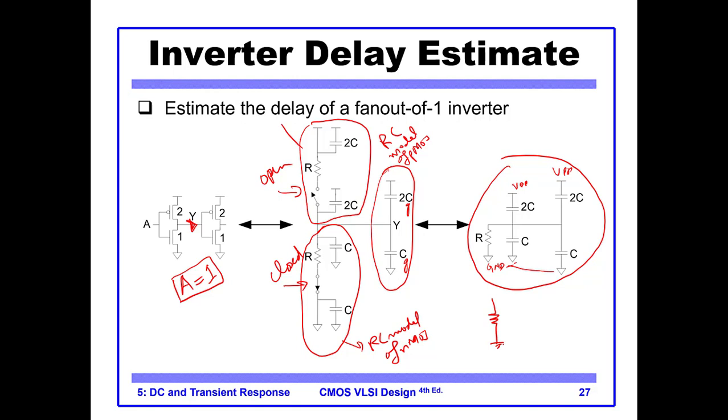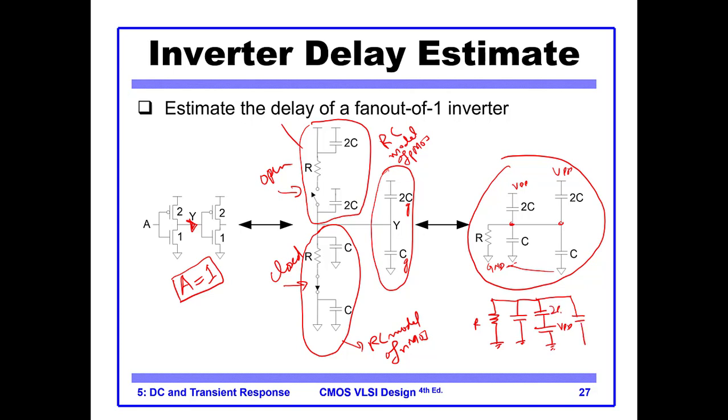Why do I say in parallel? Because this is our R and this is our capacitor going to the ground. I can draw this point where we have a capacitor, then this one, the capacitor.